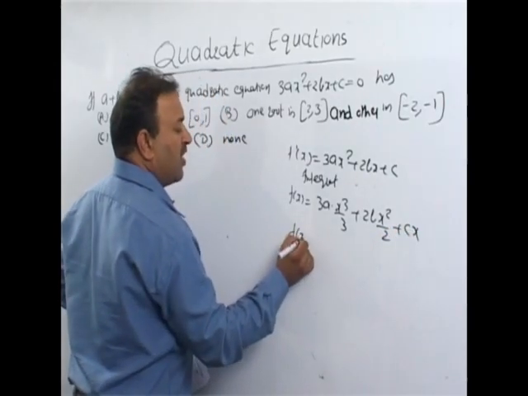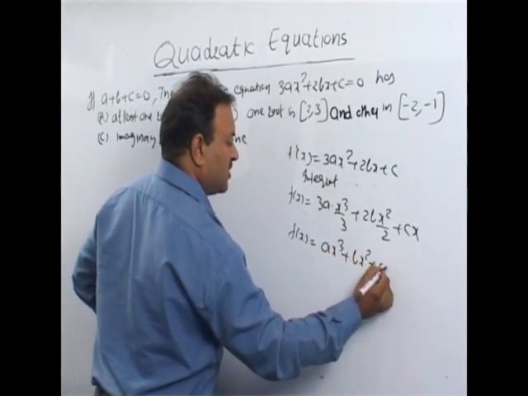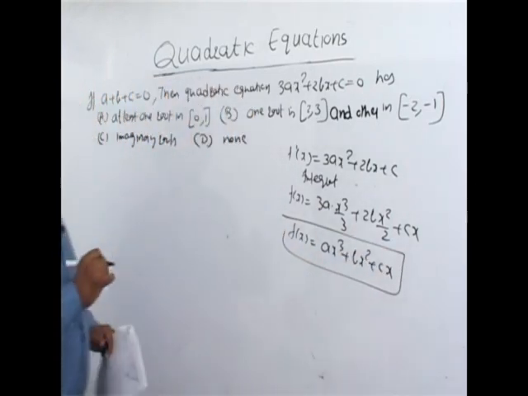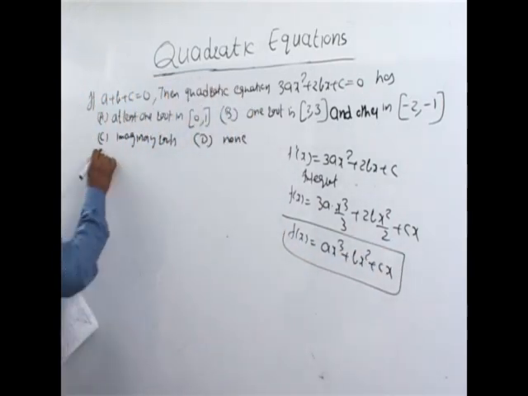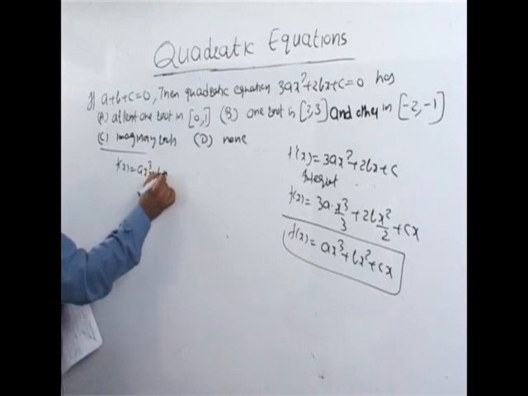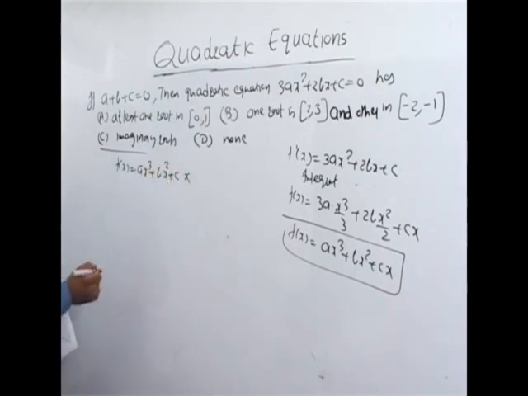So we got our f(x) as ax³ + bx² + cx. This is a function, and now using Rolle's theorem we are doing this problem. Let our function be ax³ + bx² + cx.